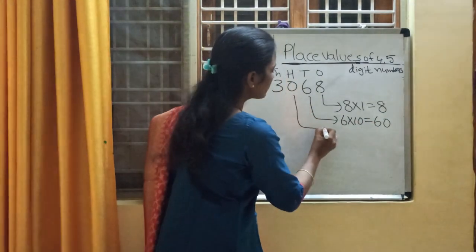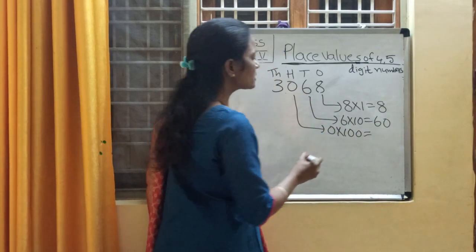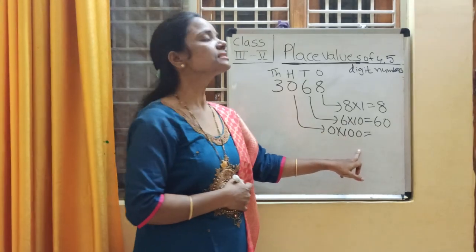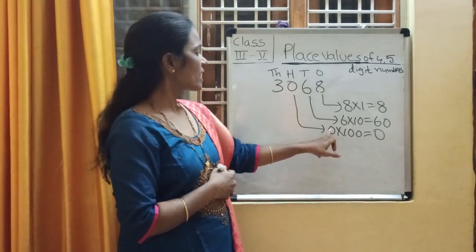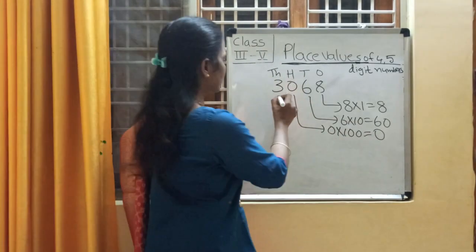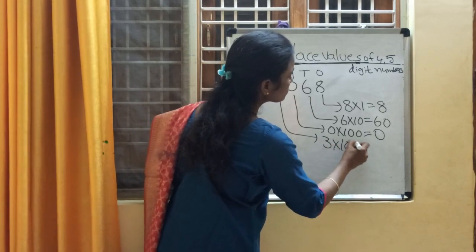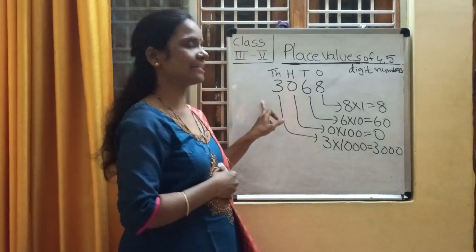And 0 is in 100's place. 0's place value is 0 into 100. Tell me children. 0. Yes. So 0's place value is 0. And 3's place value is 3 into 1000. 3000 is the place value of 3.